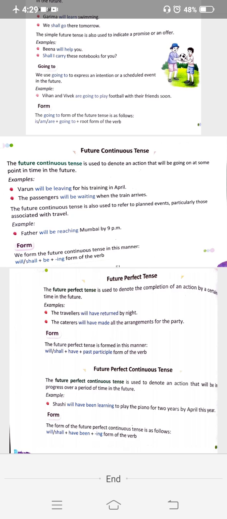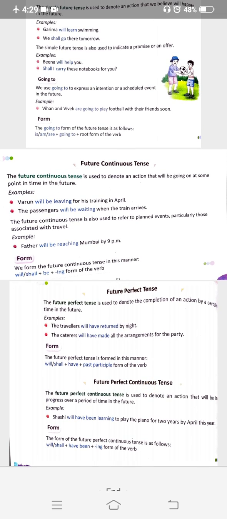Next we have the future perfect tense. The future perfect tense is used to denote the completion of an action in the future. For example, the travelers will have returned by night.